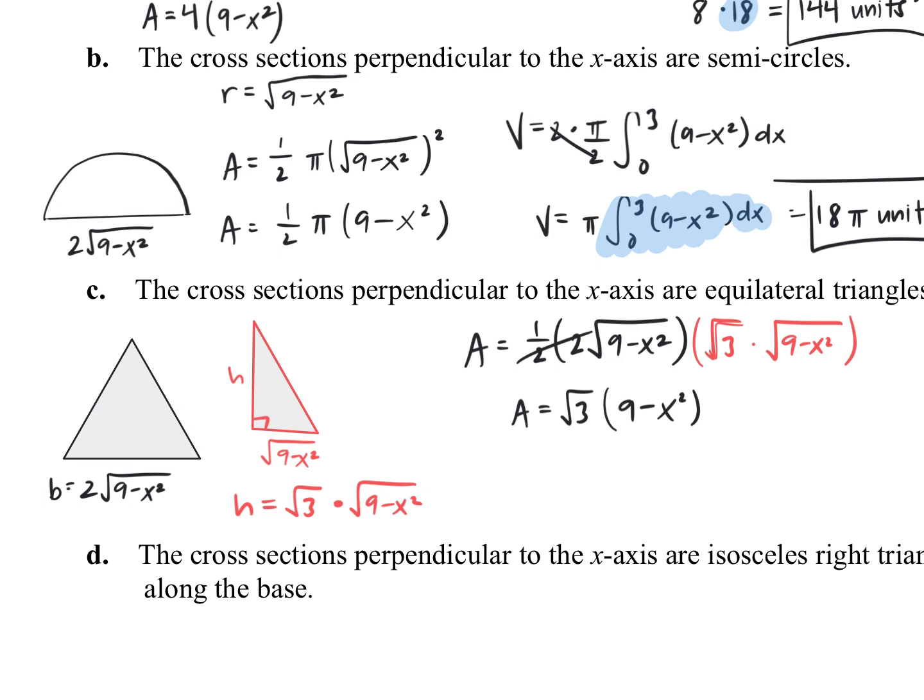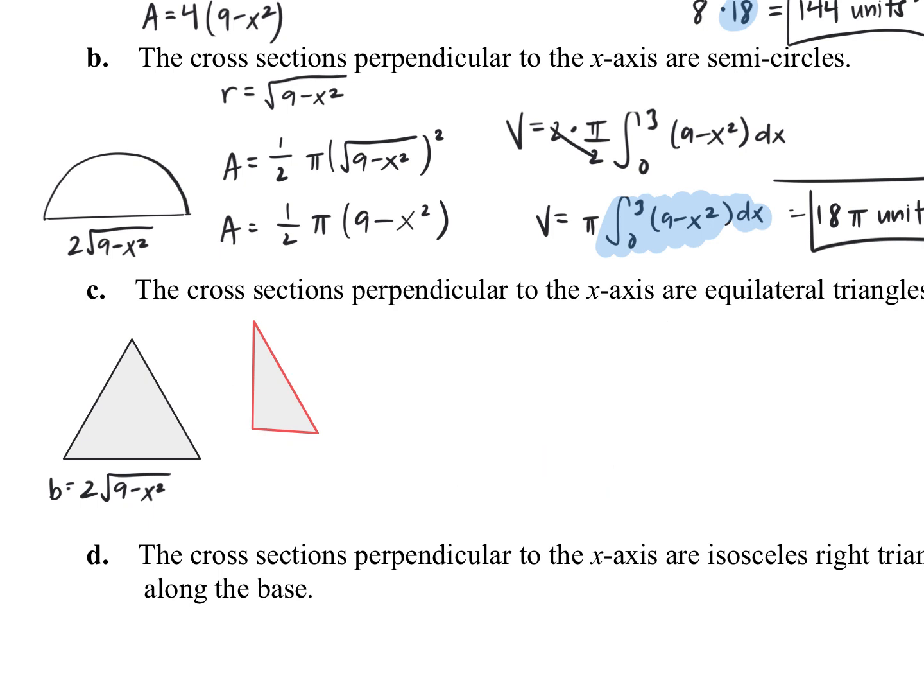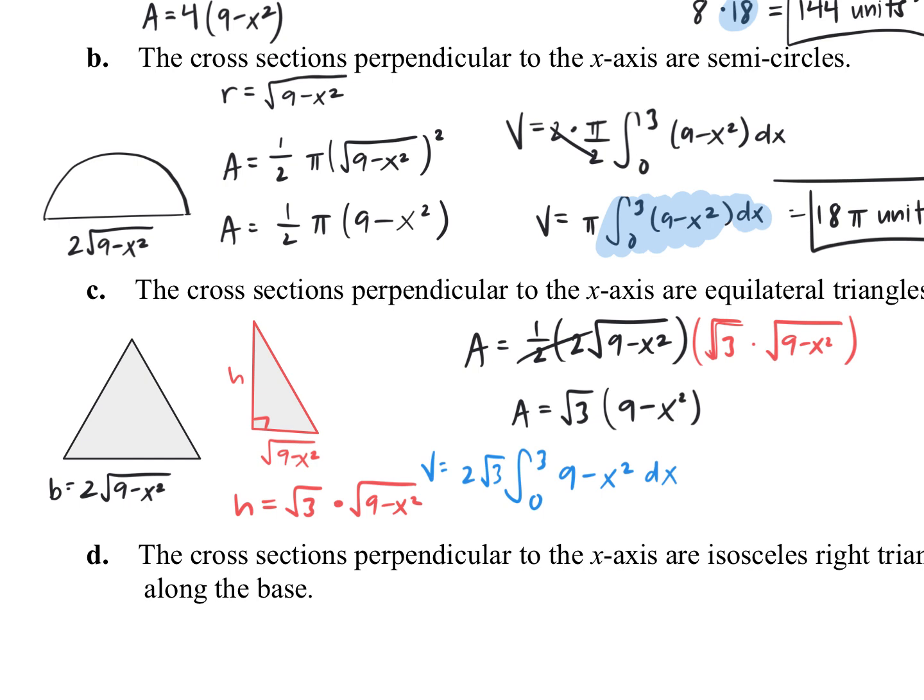I can go ahead and integrate this. So I'm integrating for my volume. And I'm going to have that square root of 3 out in front. What else do I also need out in front with that? A 2. So I need a 2 out in front. And we're integrating from 0 to 3 of my 9 minus x squared dx, which we already know what that equals.